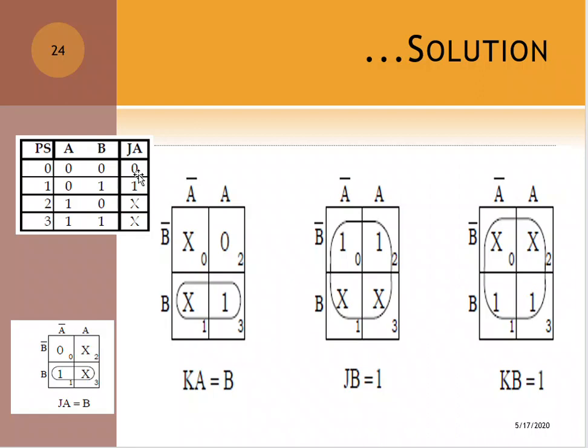For JA, we are going to look at the output JA with value 1 and x. We are going to plot output 1 and x. For output 1, A bar B, 1, and then A B bar x, A B x. Then we draw the loop. So JA equals B.